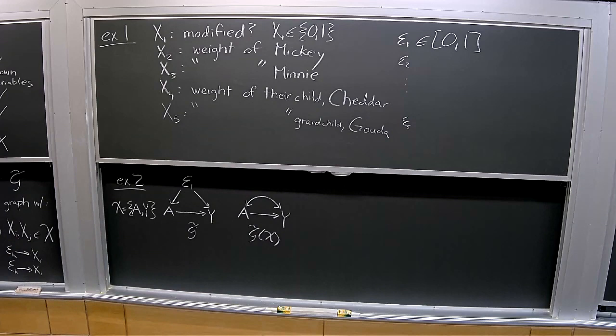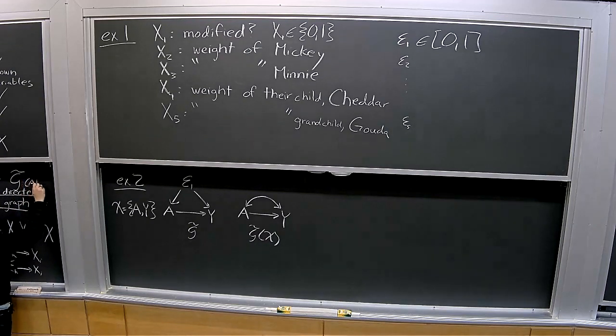And just a remark, maybe we can even add it to the definition, though this is something you would also want to show, is that this is going to be an acyclic directed mixed graph. So sometimes we will abbreviate this as ADMG.